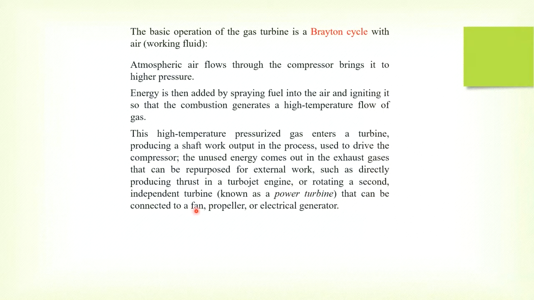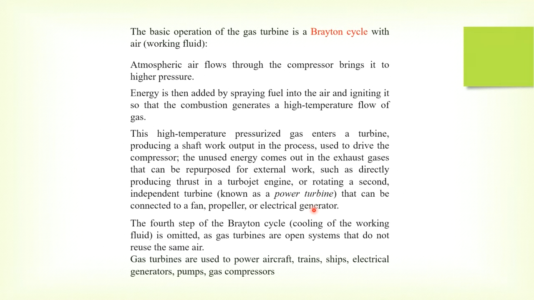That can be connected to a fan, propeller, or electrical generator. So basically, we will be looking into the analysis or the calculation part of the gas turbine cycle in the next slides. So the fourth step of a Brayton cycle, that is cooling of the working fluid, is omitted.